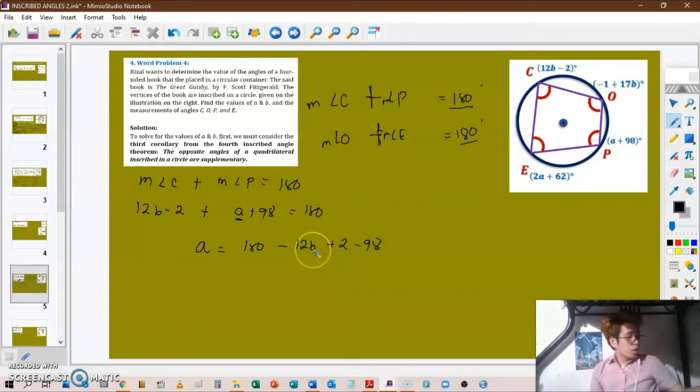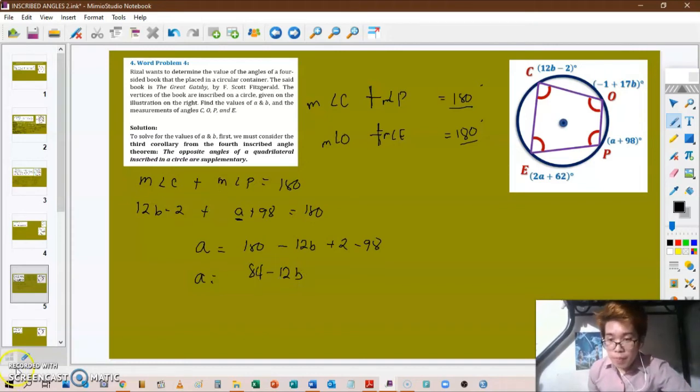Solving for A, that's 180 plus 2 minus 98, which gives us 84. So A is equal to 84 minus 12B.